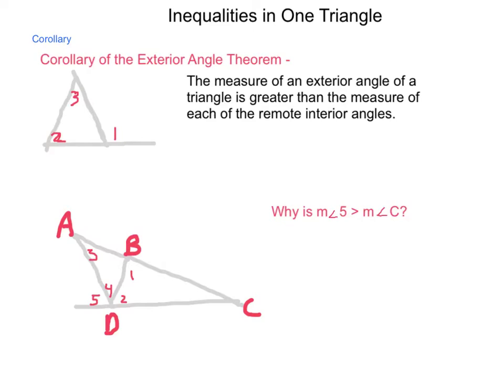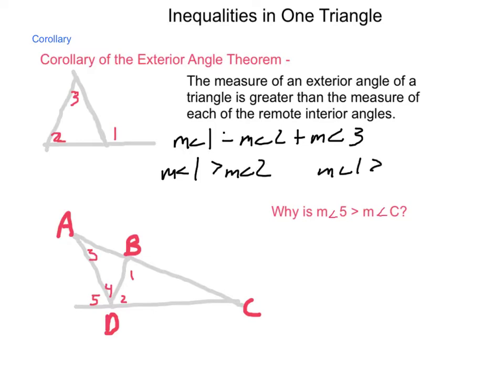From an inequality point of view, if the measure of angle 1 is equal to the measure of angle 2 plus the measure of angle 3, and all three of these have to be greater than 0, otherwise we wouldn't have a triangle, then the measure of angle 1 is greater than the measure of angle 2, and the measure of angle 1 is greater than the measure of angle 3. That is what this corollary is telling us.